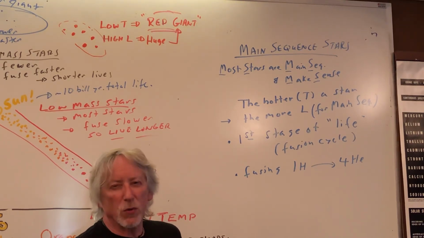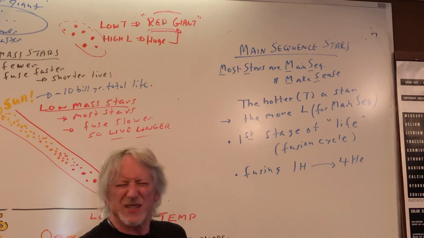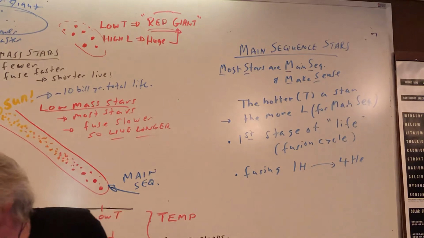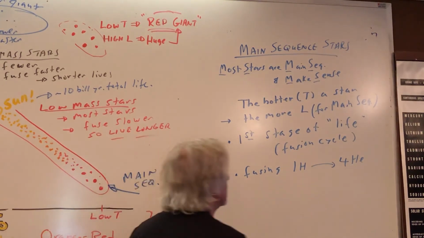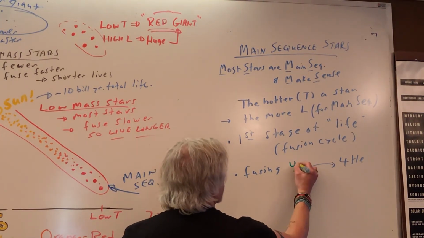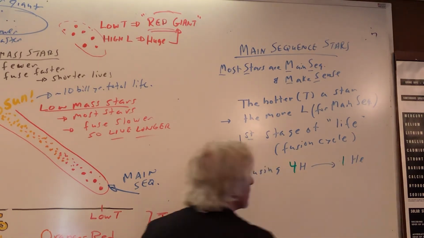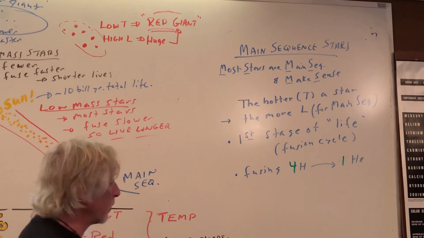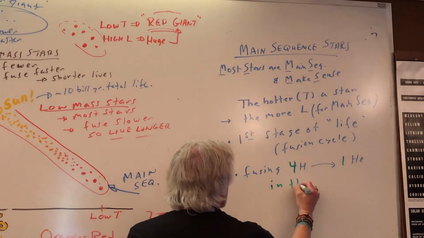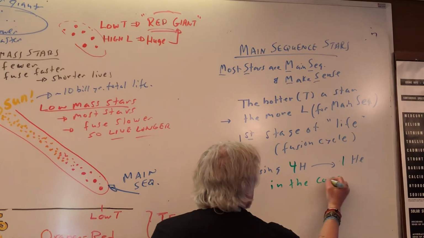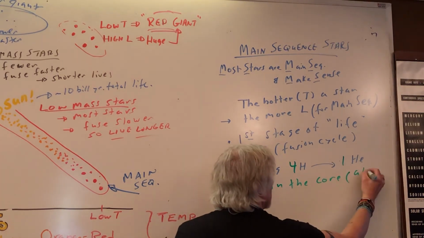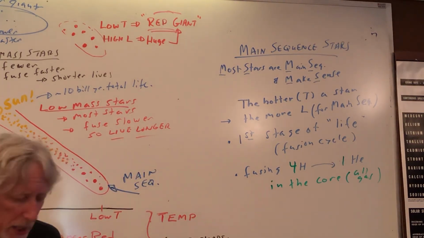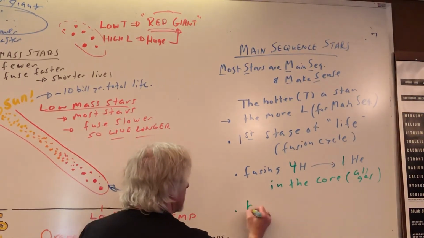What should I have written? Yeah, that's right. This is 1. You need 4 of these to make 1 of those. So let's get that right. And it's a sequence anyway. And that gives off light. Where does that happen? In the core. Is the core solid? Iron? No, it's all gas. That's what's happening. And it keeps doing this.